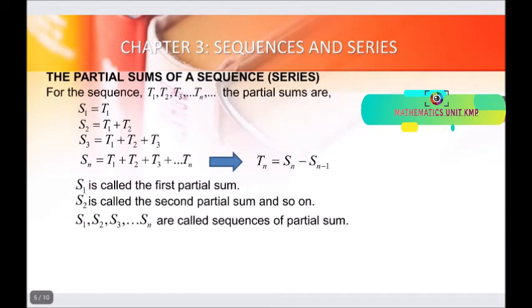Next subtopic, the partial sums of a sequence, also known as series.